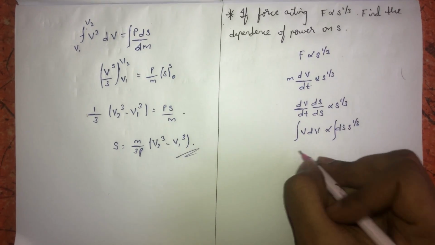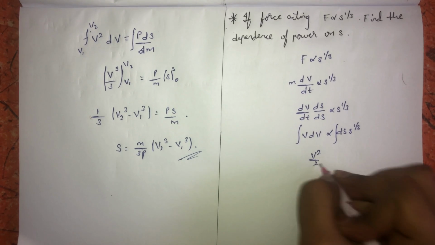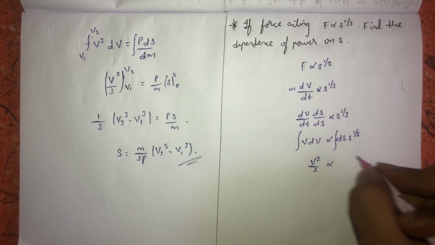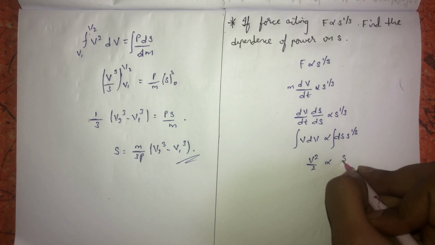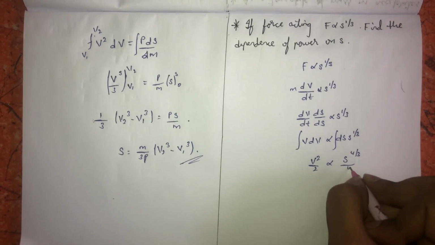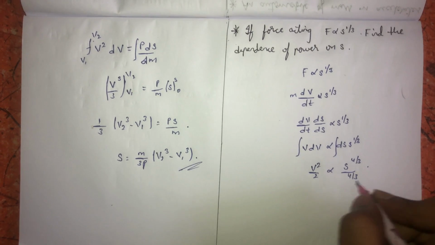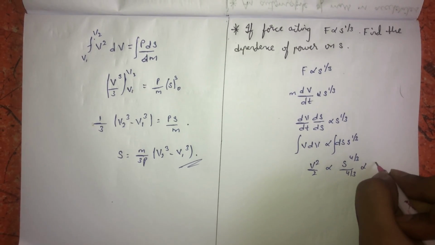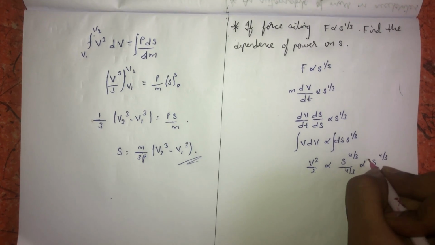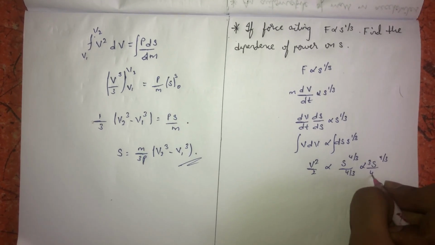we'll get v squared by 2 is directly proportional to S^(4/3) by 4/3, that is nothing but S^(4/3) by 4.